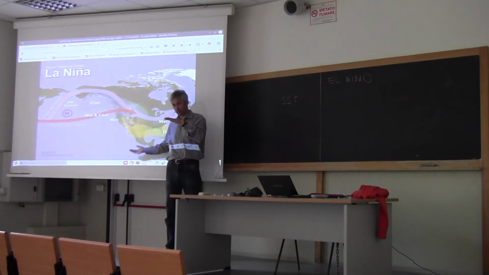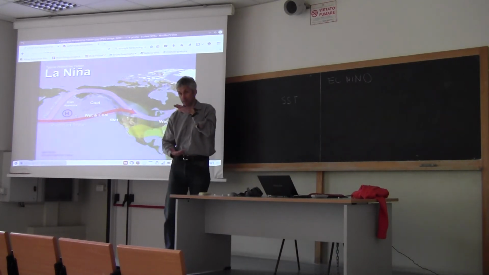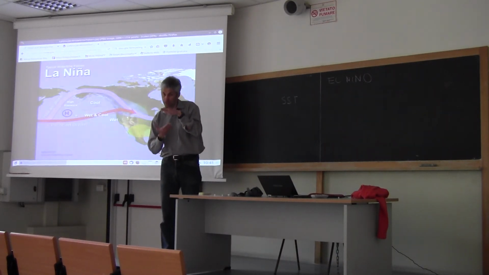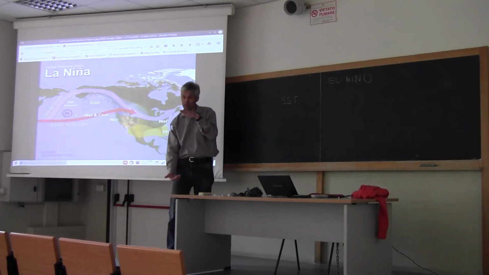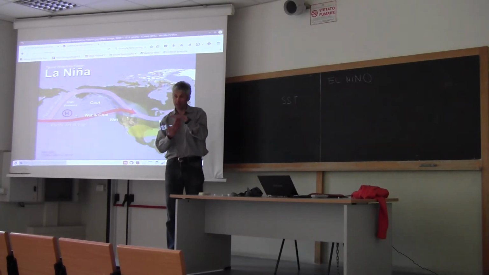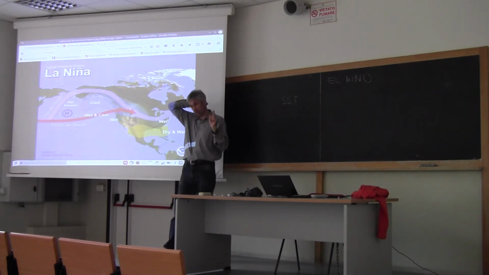If the surface of the ocean stays warm, you have displacement of deep water in the deep ocean, so you don't have this upwelling movement. And this is a problem for the cycle of the nutrients in the ocean, so it has an impact on the aquatic life. This is a first impact.